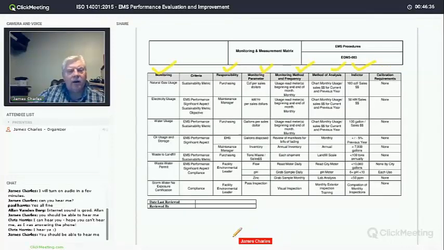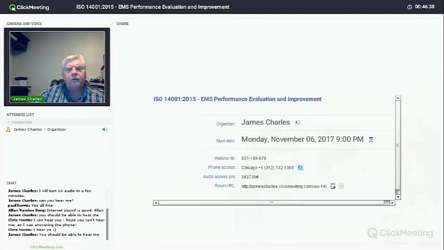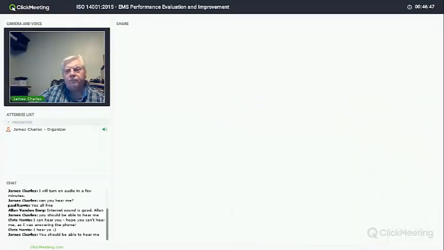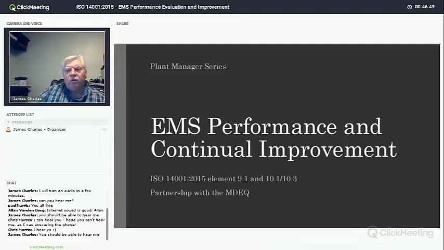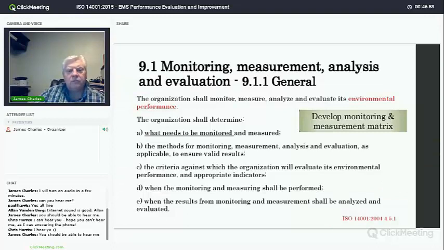Okay. Any questions so far? So this is stuff we've really had to do for some time now, but I do believe there's a lot of room for improvement relative to how we characterize and measure performance.